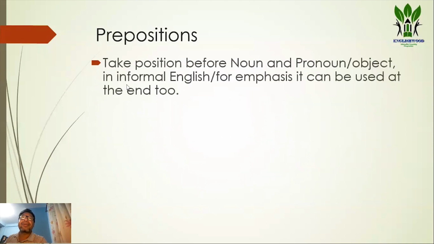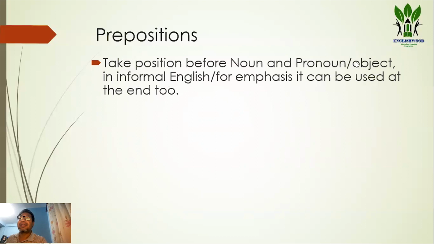All right, prepositions take position before noun and pronoun, or the pronouns can sometimes be objects in informal English. For emphasis, they can be used at the end too. Primarily, they take the position before the noun and pronoun.